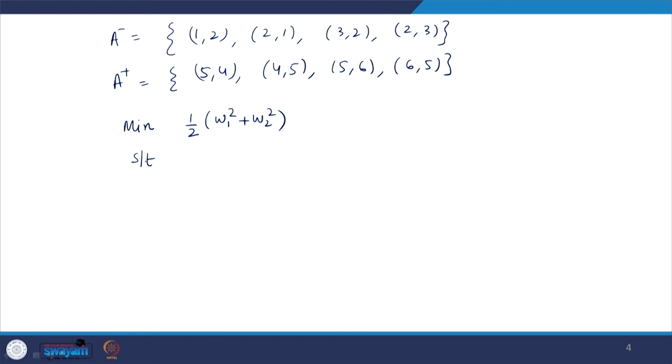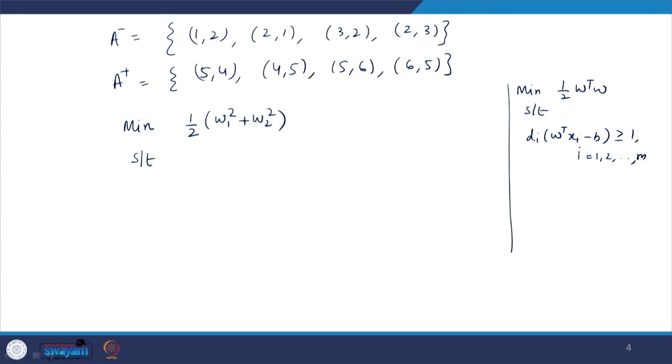The conditions we already know: for the hard margin classification problem, 1 by 2 w transpose w subject to di (w transpose xi minus b) greater than or equal to 1, i from 1 to m.